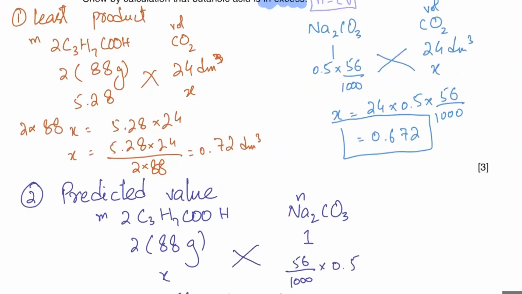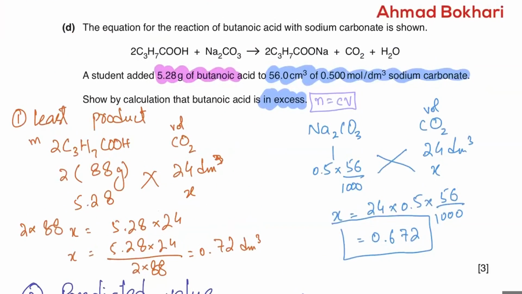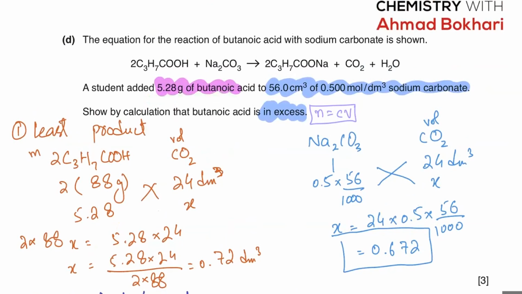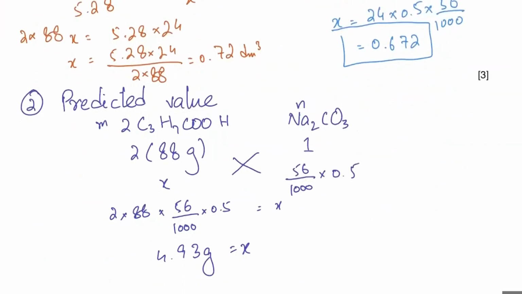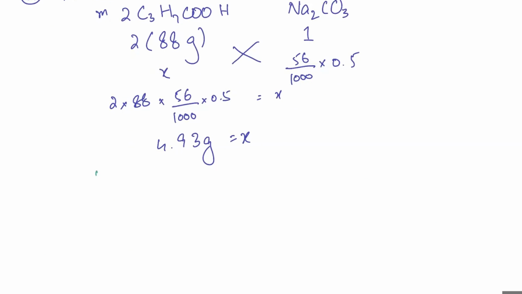Is my predicted value less or more? The value is less. That means I have extra butanoic acid. So we'll say that whatever the value 5.2 is, it is more than 4.93. So butanoic acid is in excess.